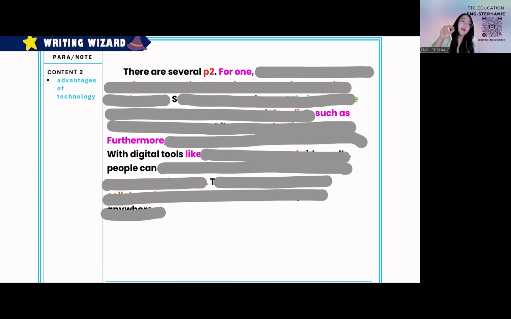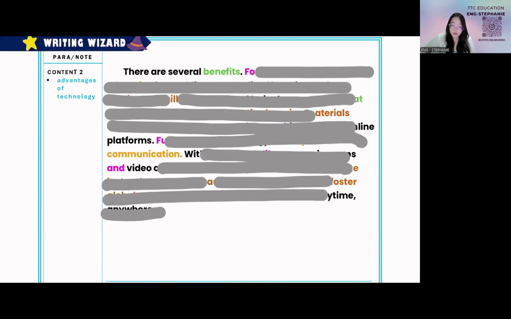But since in the introduction part we already used the term advantages in your thesis statement, let's change another word. So we have also learned, right? The other word for advantages will be benefits. Okay, so there are several benefits of technology. Or of it, you can use a pronoun as well.